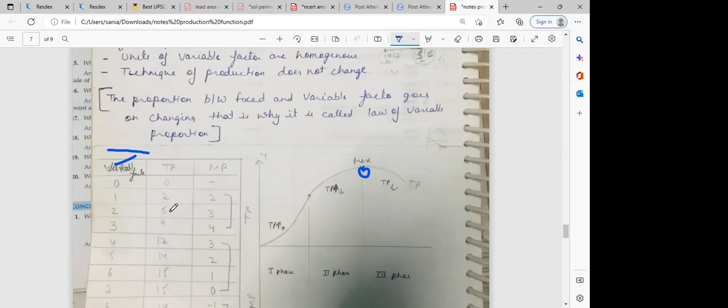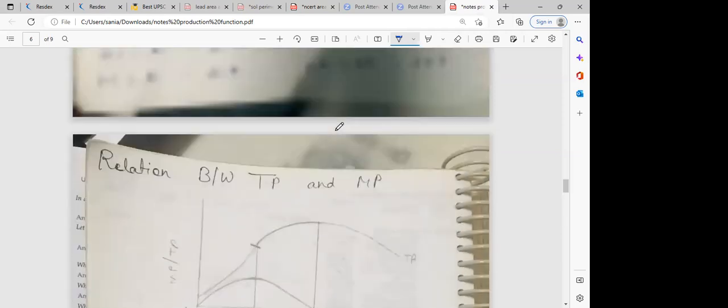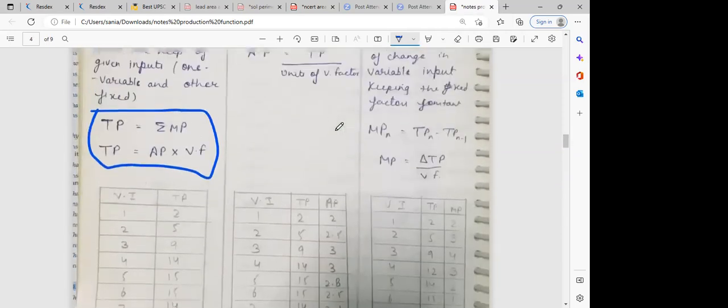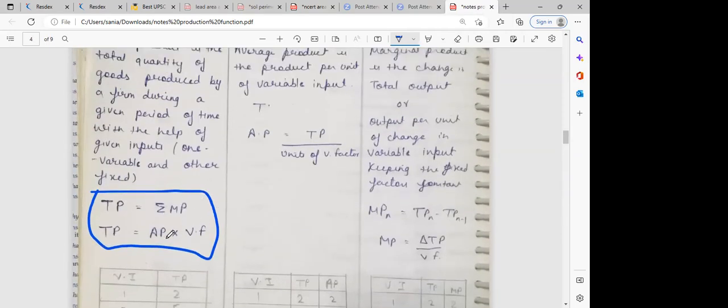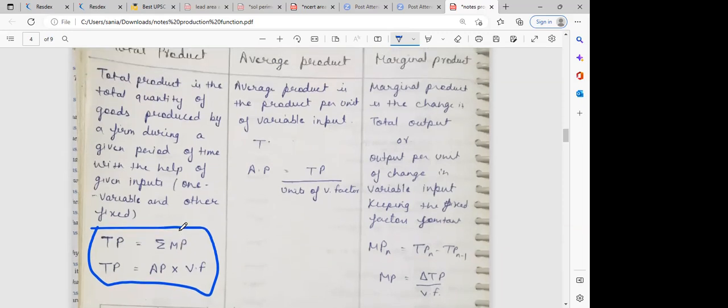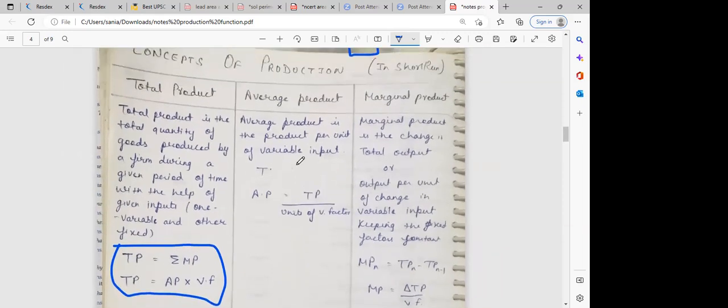Then 2 plus 3, you got 5. 2 plus 3 plus 4, you got 9. 2 plus 3 plus 4 plus 3, you got 12. So you are adding MP and getting TP. There are two formulas for TP. One is summation of MP, but in case MP is not given, with the help of AP also you can find TP, which is AP multiplied by VF, variable factor. Clear? Yes, ma'am. Okay.